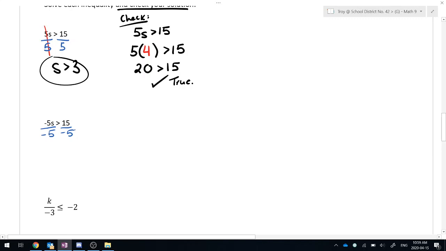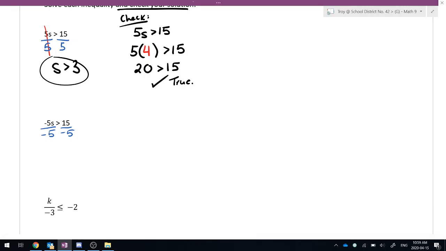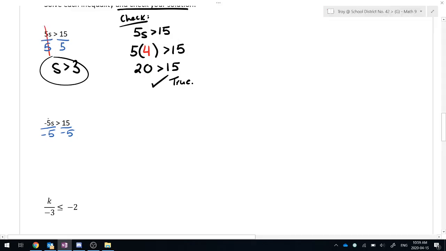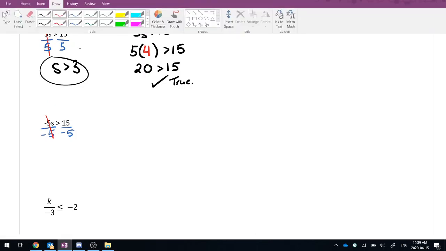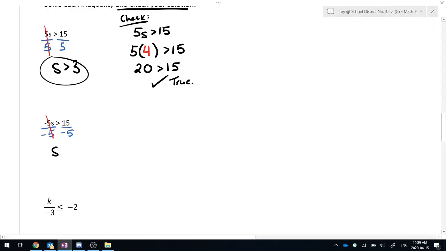Now it is a negative number that we're dividing by. So this coefficient will still cancel out, and we'll still have s on the left-hand side, but because we've divided by a negative number, now this inequality sign flips. It goes from greater than to less than.